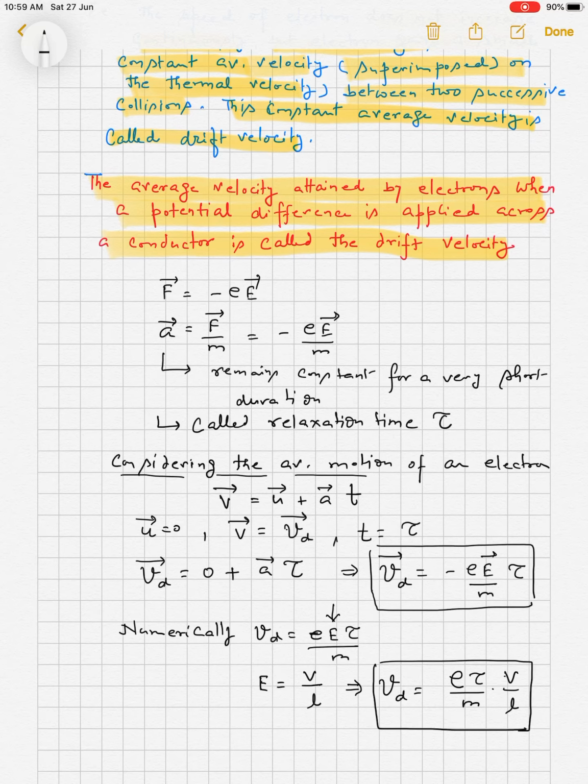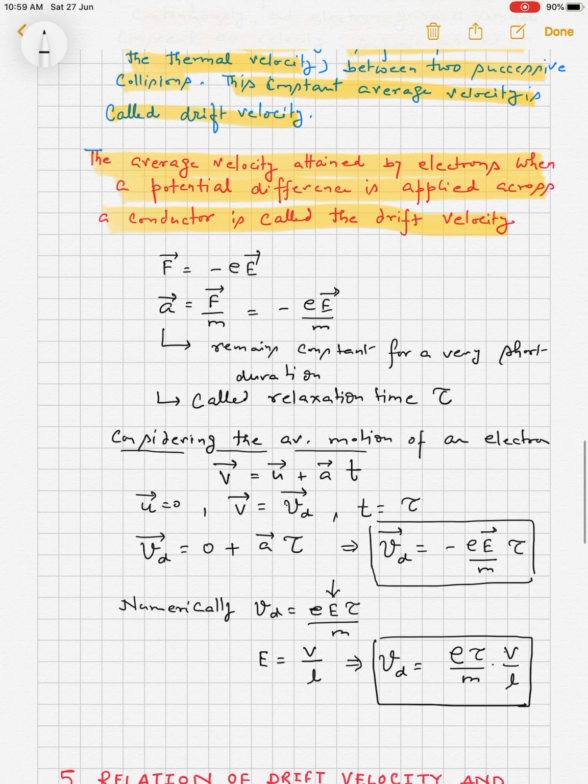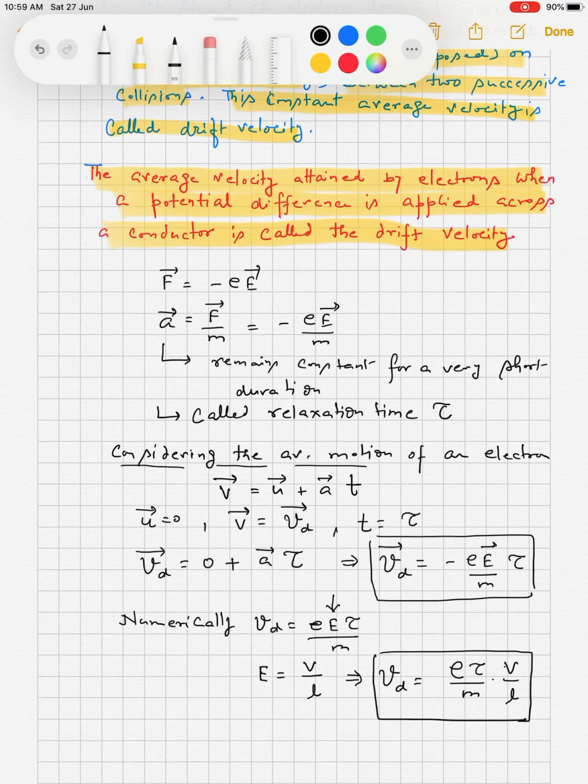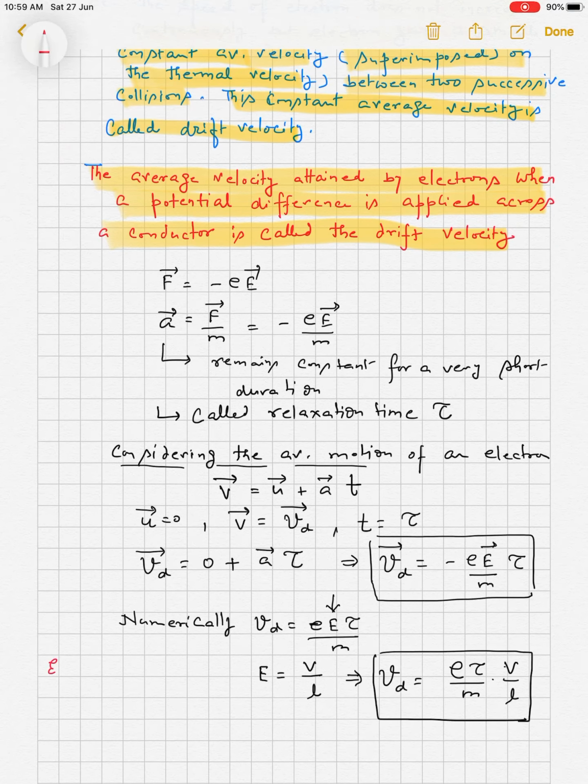Effect of temperature on drift velocity: as the temperature increases in a metallic conductor, the thermal speed of the electrons increases.